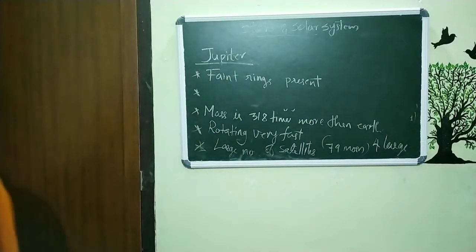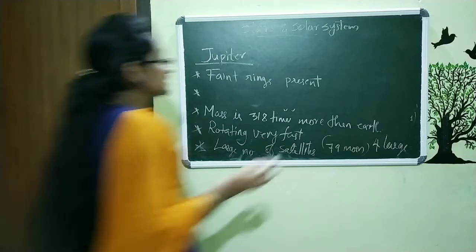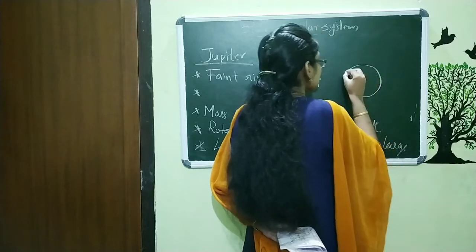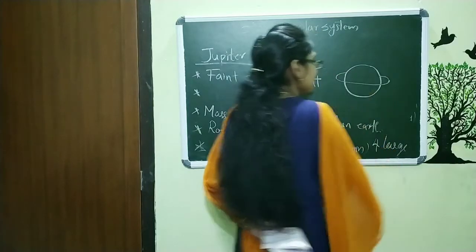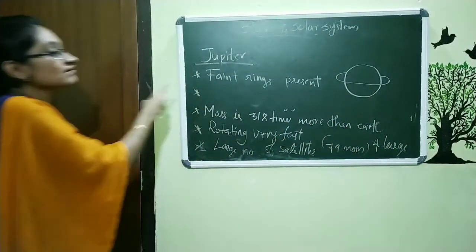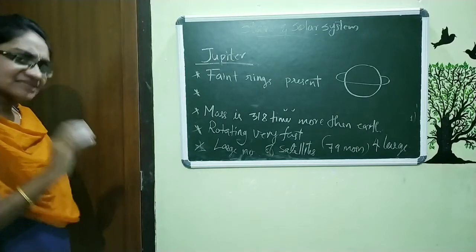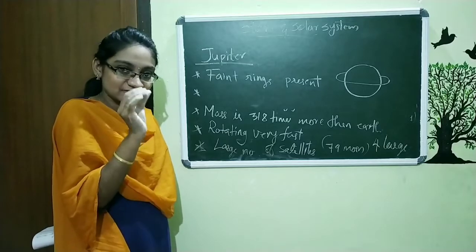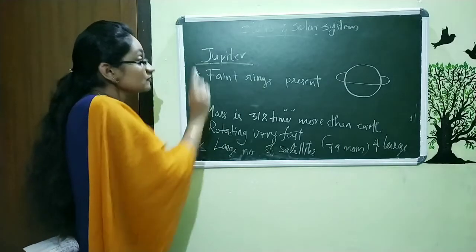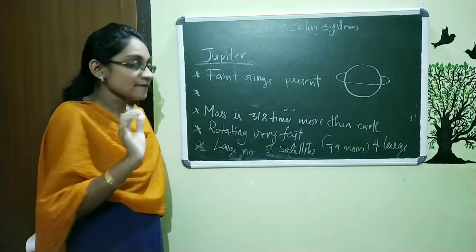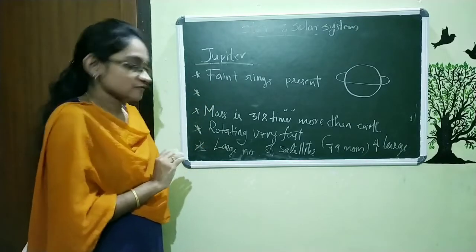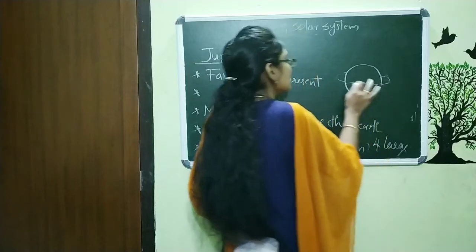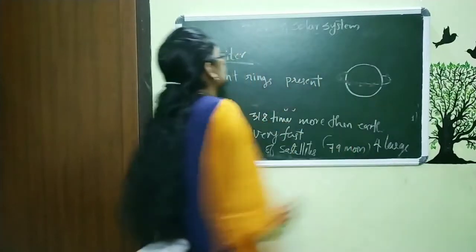When we are drawing planets or satellites like that, we draw some sort of rings present. No. That is actually what? The faint rings, or simply rings. But for Jupiter they are very faint. It is very light. So we can say Jupiter has rings but they are very faint. Faint rings are present for Jupiter. That means a light ring is present around Jupiter.